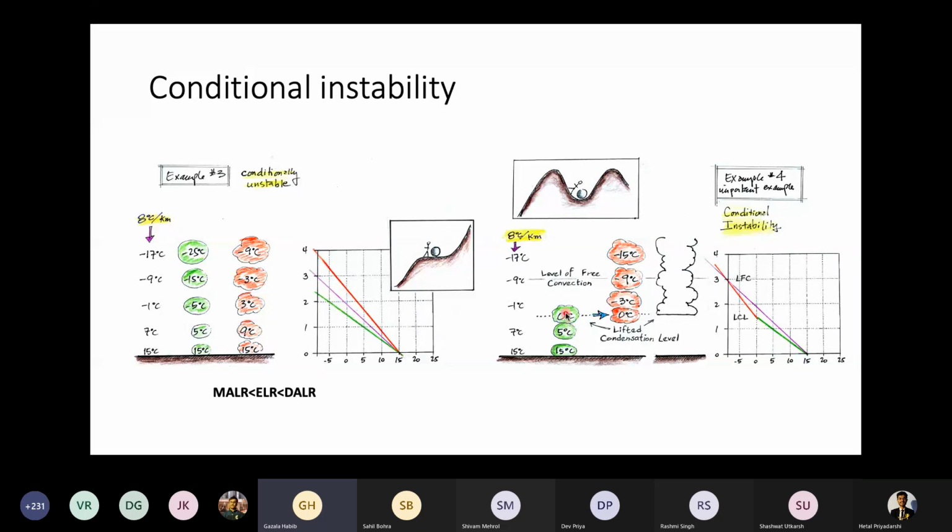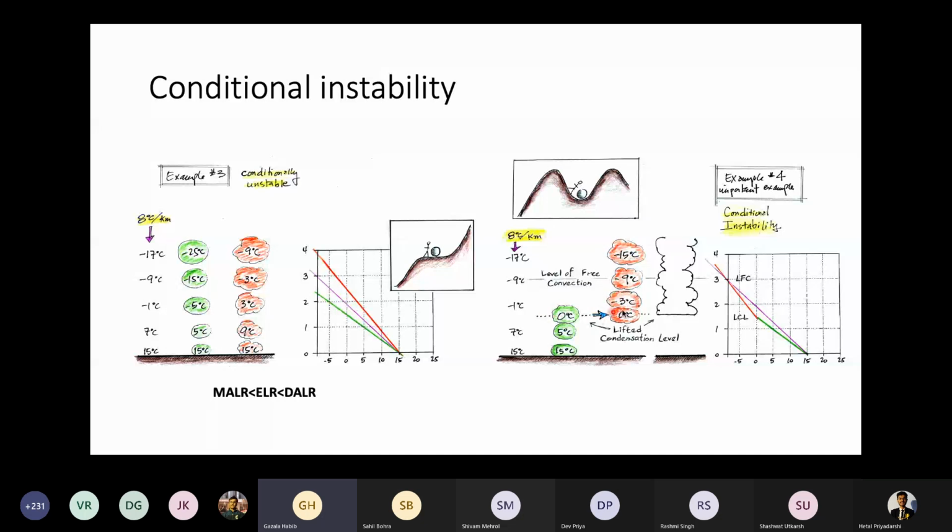It gets moist and its temperature lapse rate will change. Say now the lapse rate has changed, and its temperature at some point becomes 0 degrees centigrade. Now from 0, at 1 kilometer -6, so the temperature will become -3, -9.